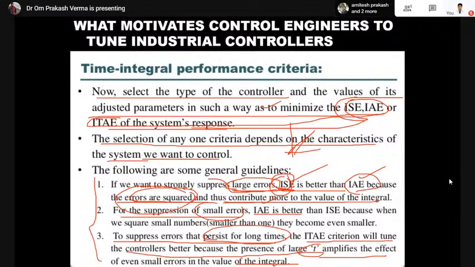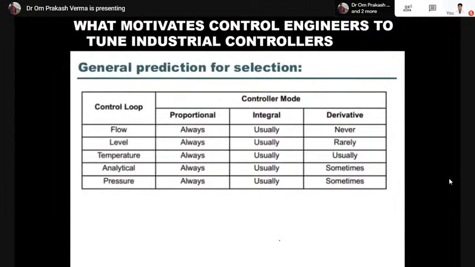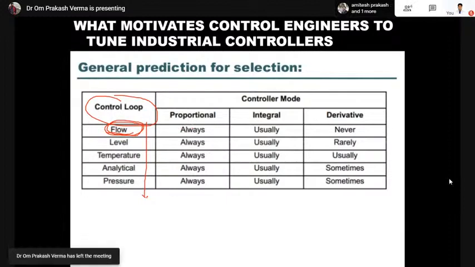If you follow this, then you are able to choose or select which type of performance criteria to apply. So this is the general control loop in the process control industries. When you have to control flow parameters, then a proportional type of controller is advisable.